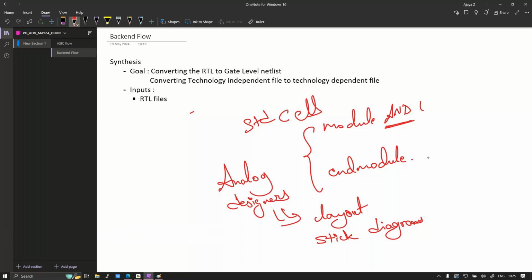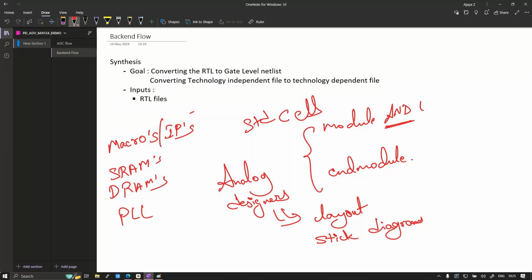And the bigger circuits, I am going to call macros or IPs. This will have SRAMs, DRAMs, PLL, everything coming into these macros, and so on. There will be multiple.